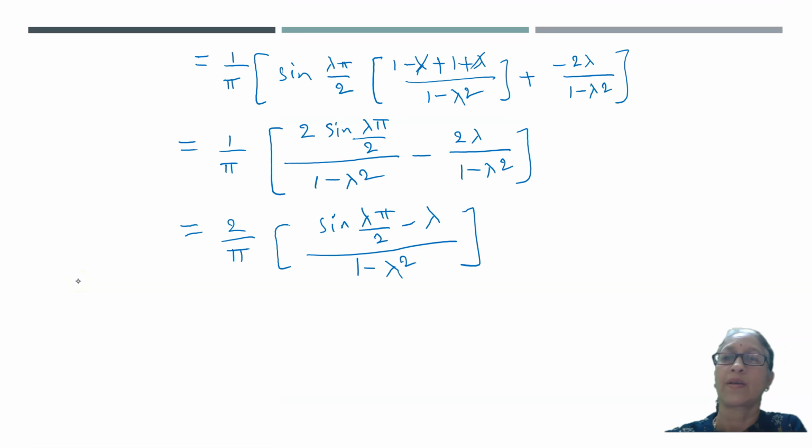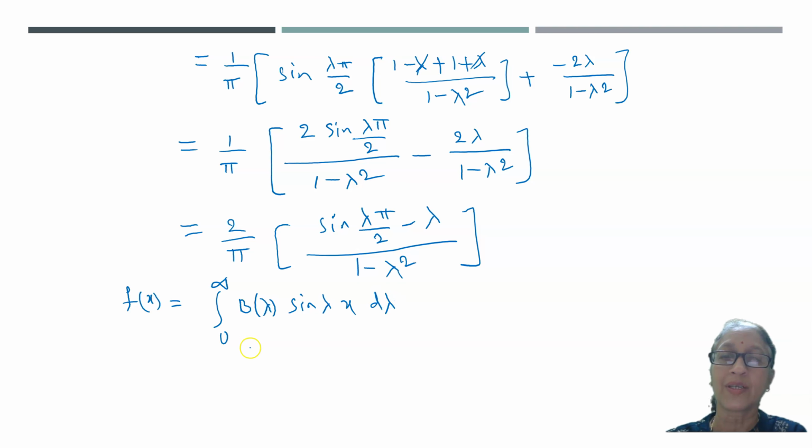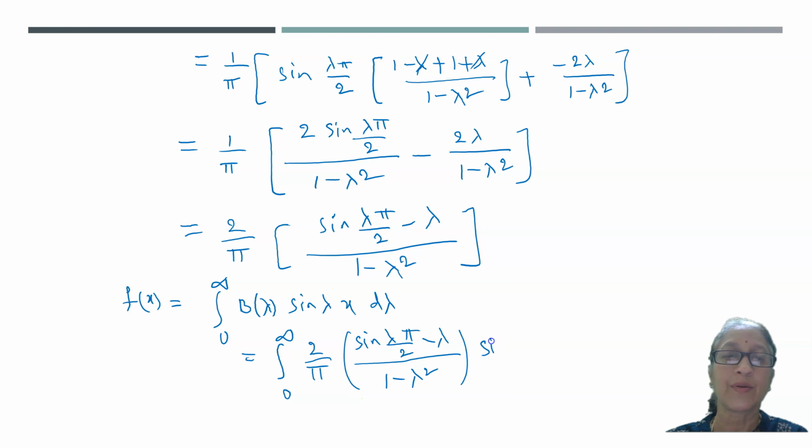Then f(x) equal to integral 0 to infinity B(lambda) sin lambda x d lambda, which is equal to integral 0 to infinity 2 by pi, (sin lambda pi by 2 minus lambda) upon (1 minus lambda square) into sin lambda x d lambda.